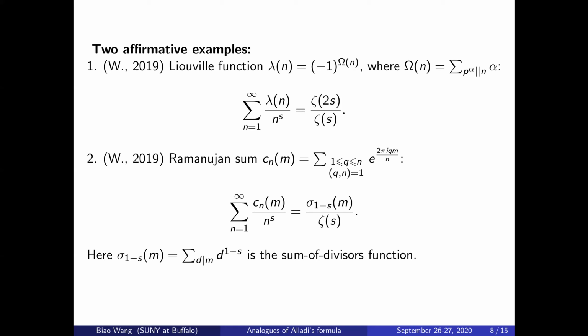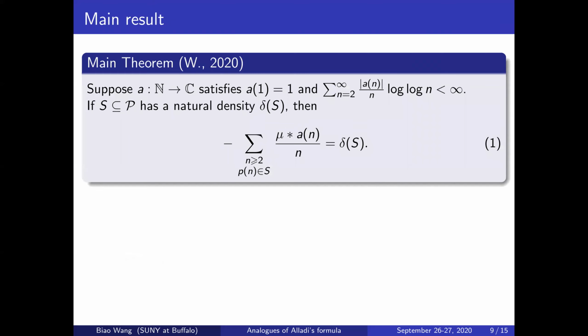So this year I tried to generalize those two examples to general arithmetic functions. So here's my main result. Suppose that the arithmetic function a satisfies that the first term is 1 and the following convergence condition.